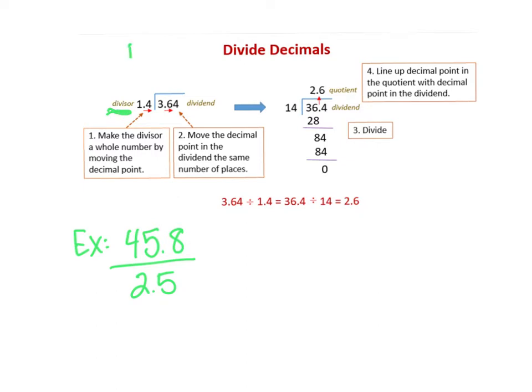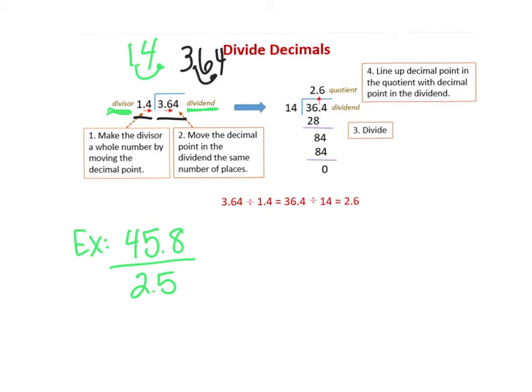So 1.4, in order to make it a whole number, I need to move it 1 time to make it 14. Again, what I do to the outside, I need to do to the inside, just like in our equations. So I'm going to move 3.64 that 1 time for our dividend. Okay, so that's what's showing over here.